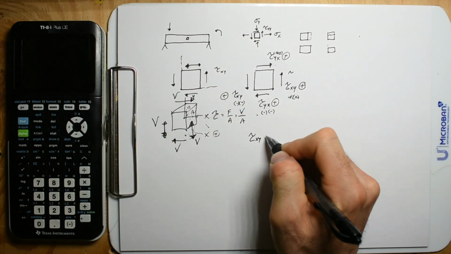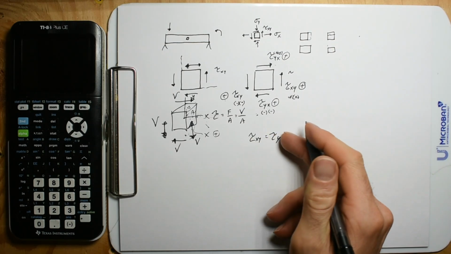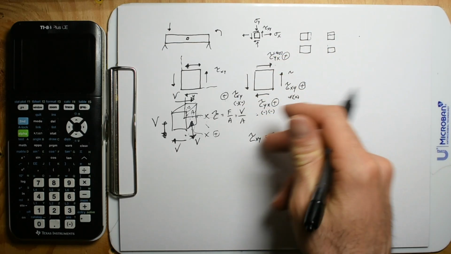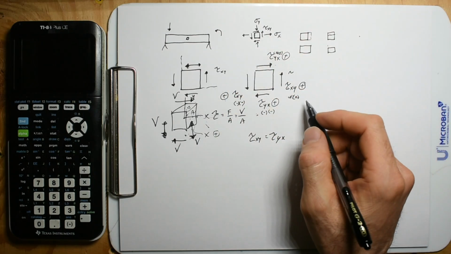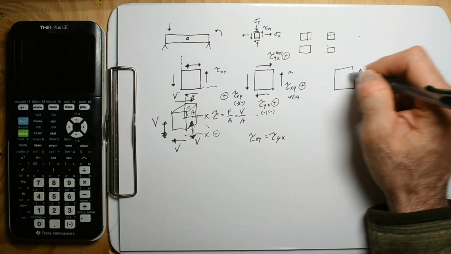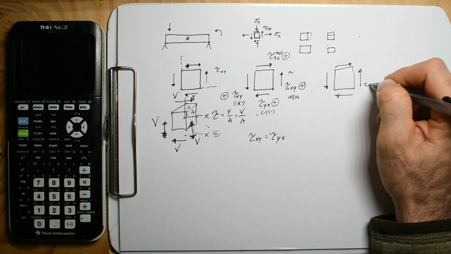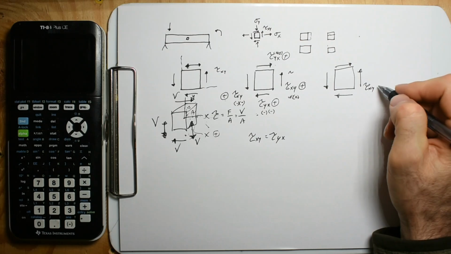So tau xy is equal to tau yx. You could just right off the bat call everything tau xy, and you don't even need to do that. Typically, you just do this, this, this, this, and then you just say tau xy.